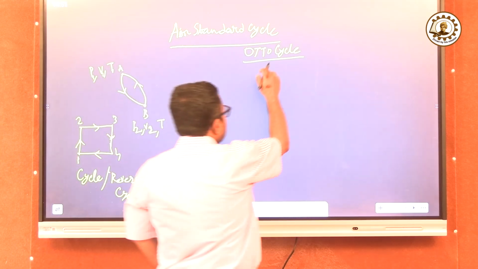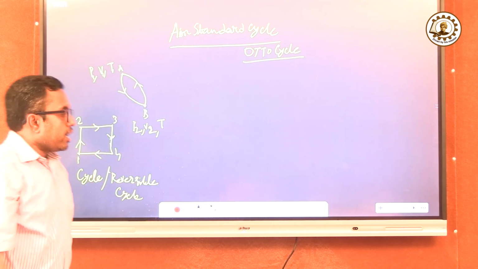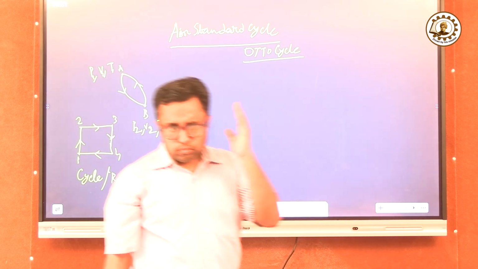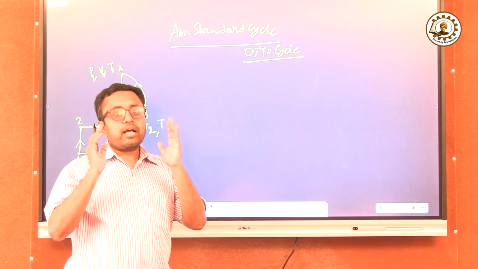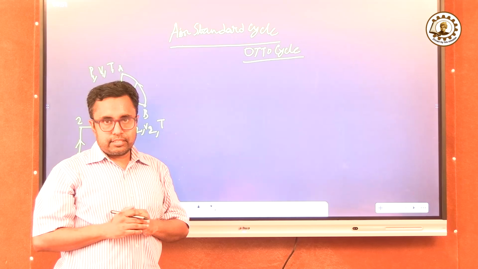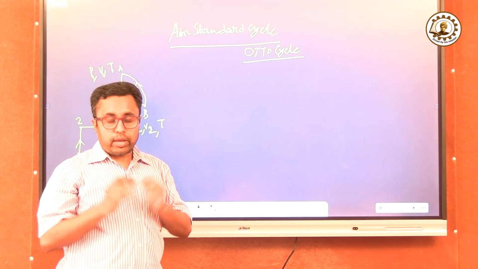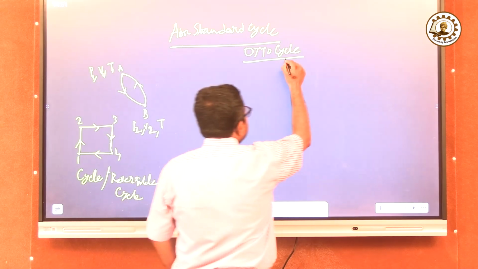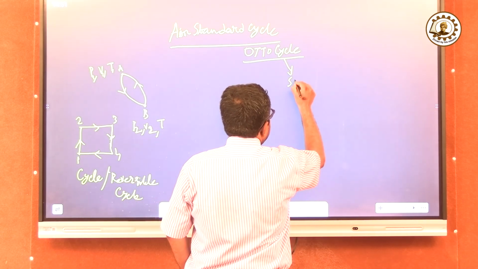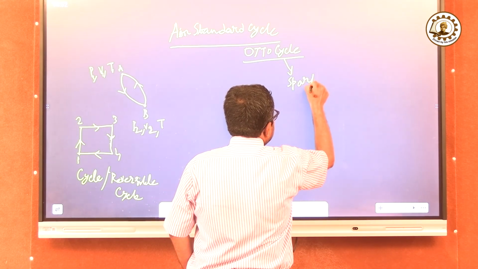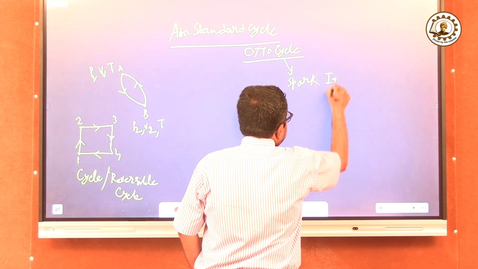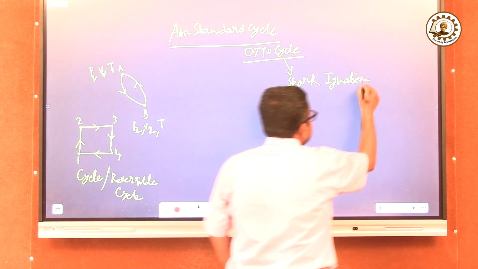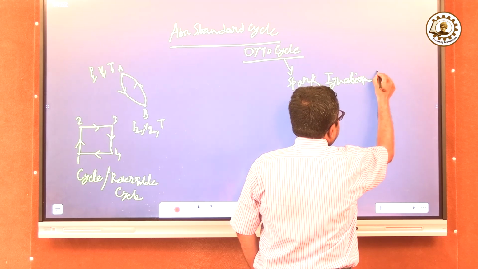Now we go to the Otto cycle. This Otto cycle helps to run the SI engine, that means spark ignition engine. What is a spark ignition engine?